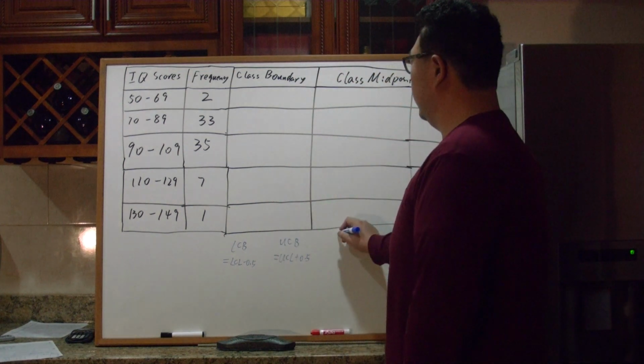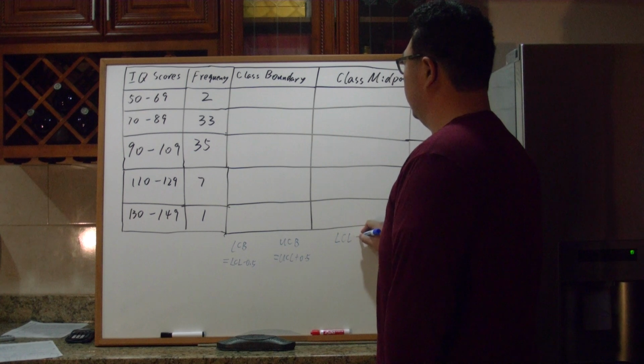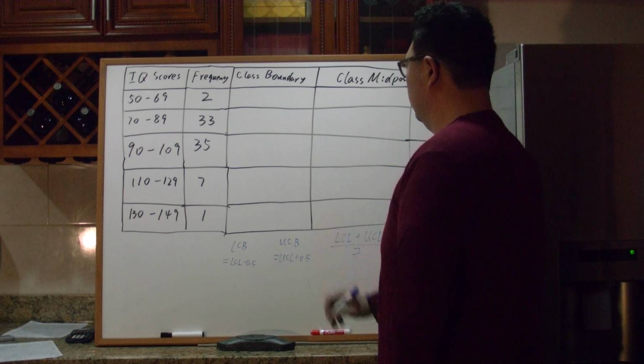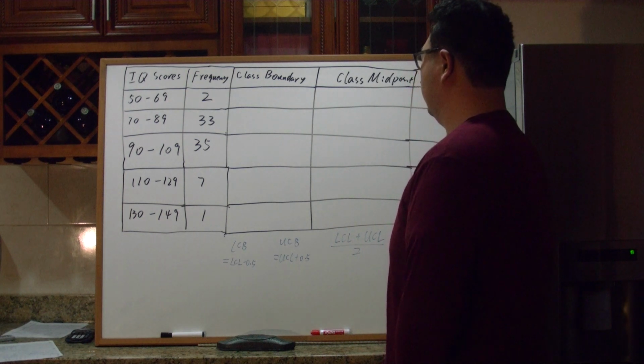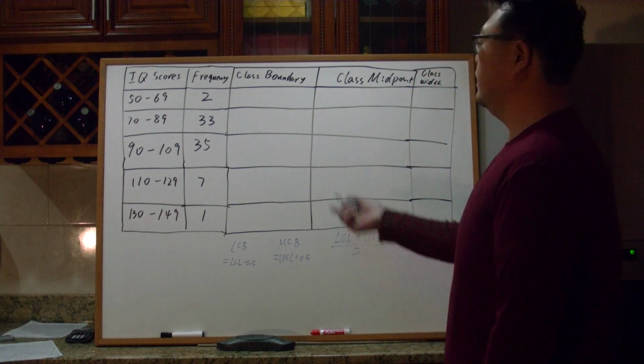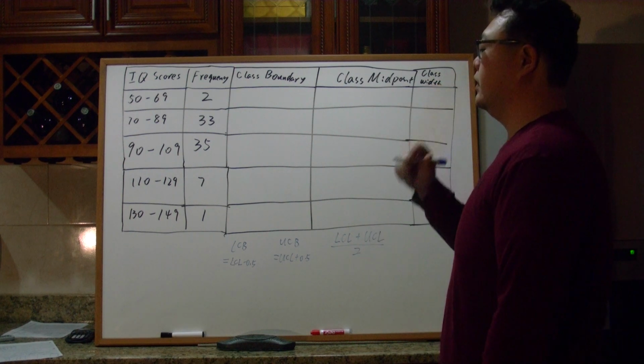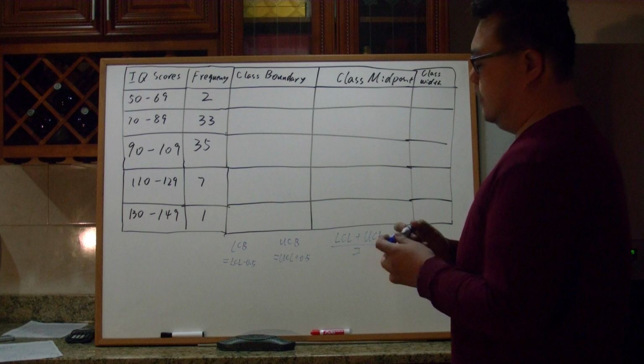The class midpoint is the lower class limit plus the upper class limit, divided by 2. And the class width is the difference between 2 consecutive lower class limits or 2 consecutive upper class limits.